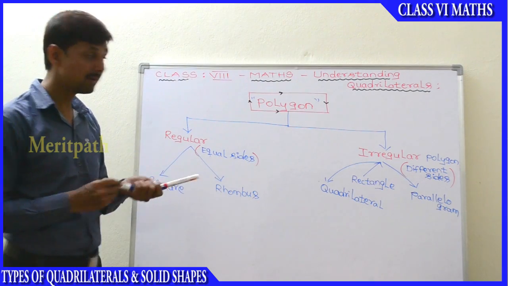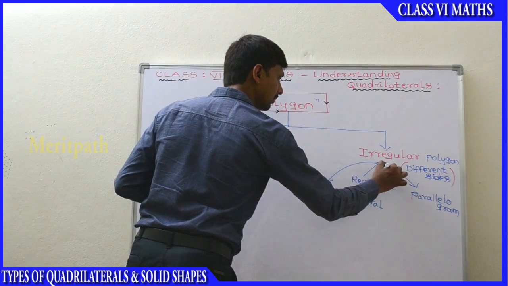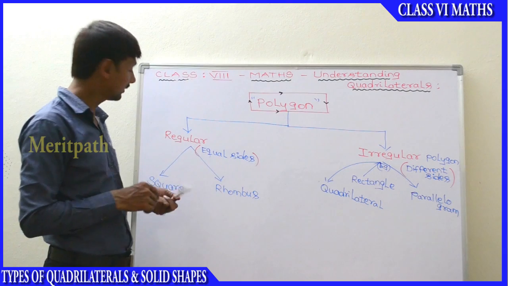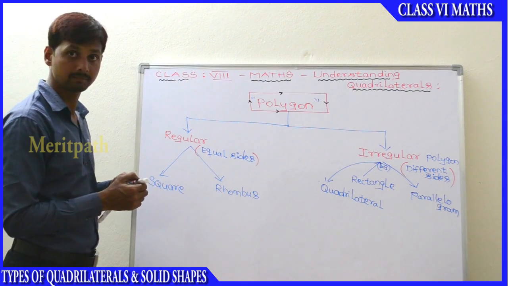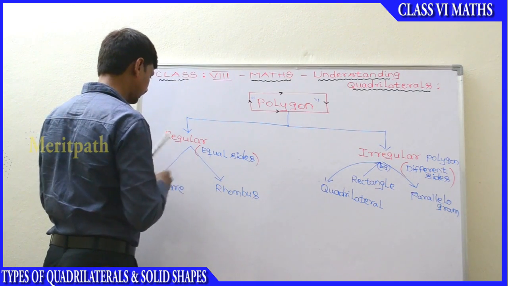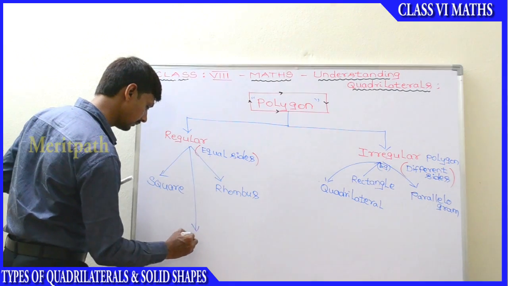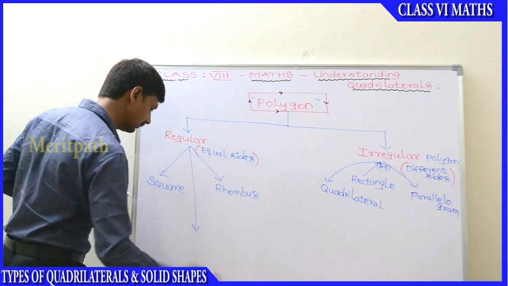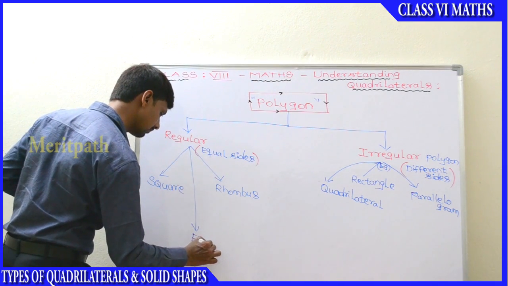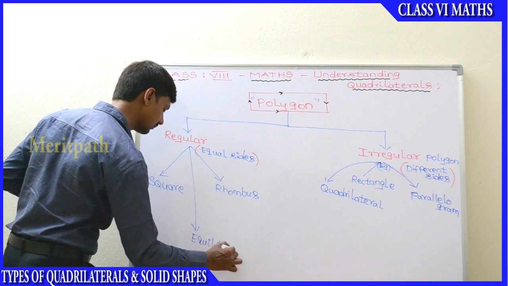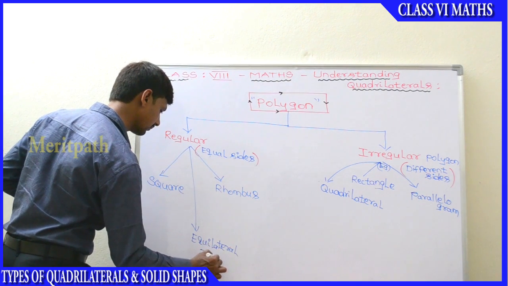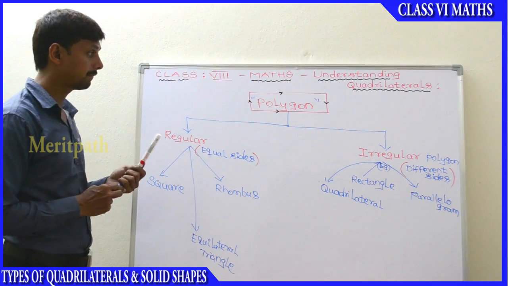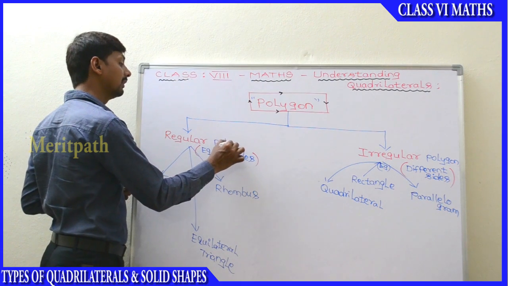For example, this is the example we have taken: quadrilateral, rectangle, parallelogram, with different sides. Here, square, rhombus, and equilateral triangle. So these are all called regular polygons because the sides of the polygon are equal.